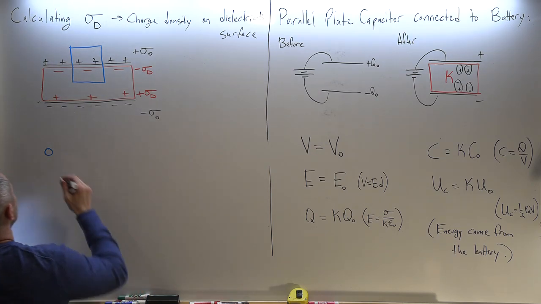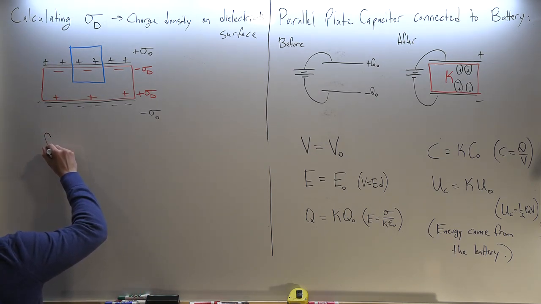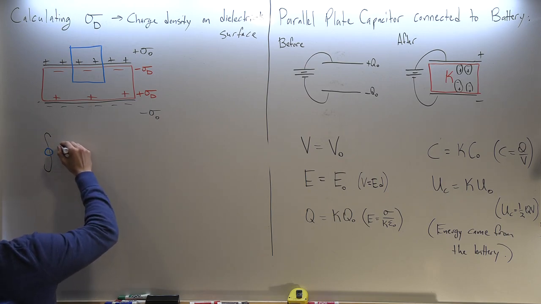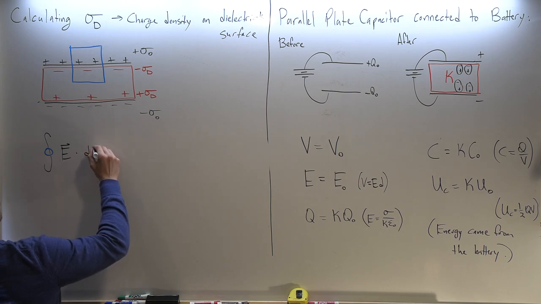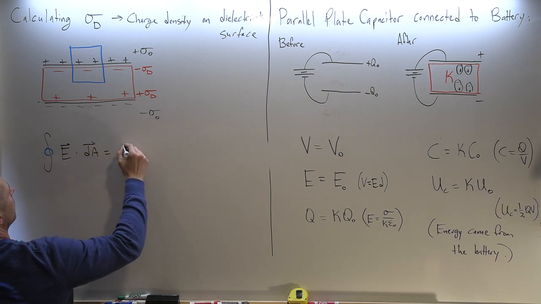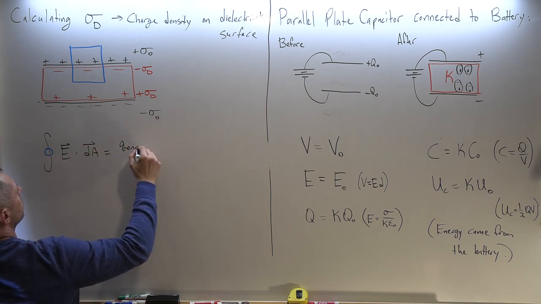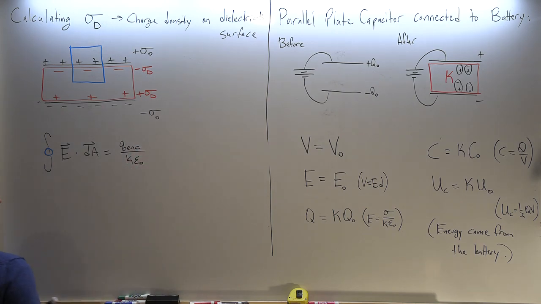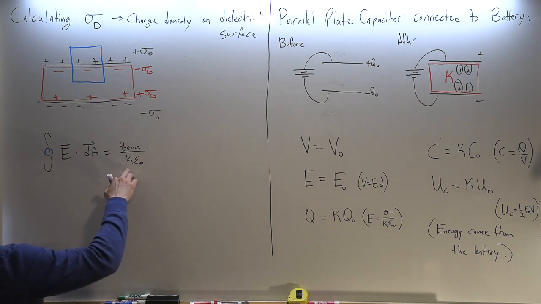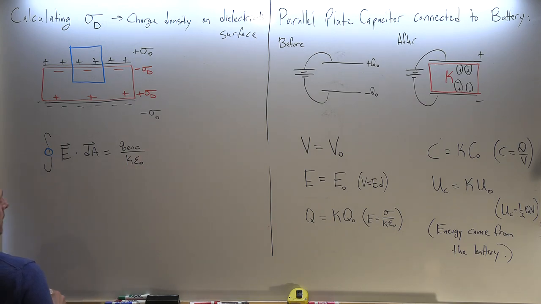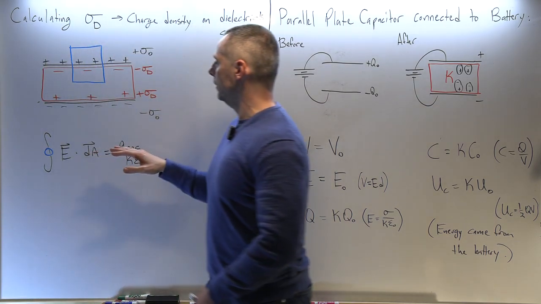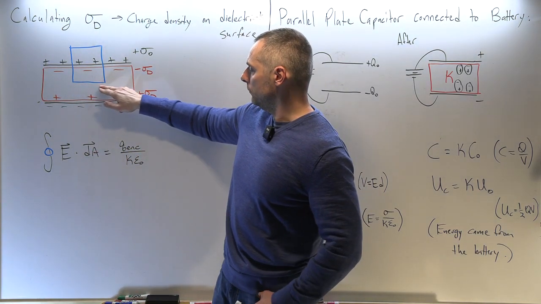Gauss's law for this surface, because of the dielectric, is kappa epsilon 0. Now, the only surface through which there's flux here is the bottom surface.